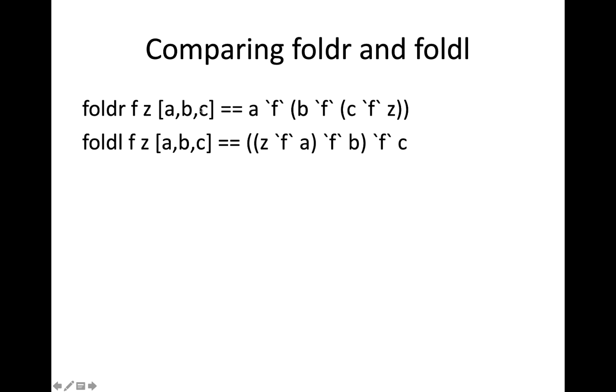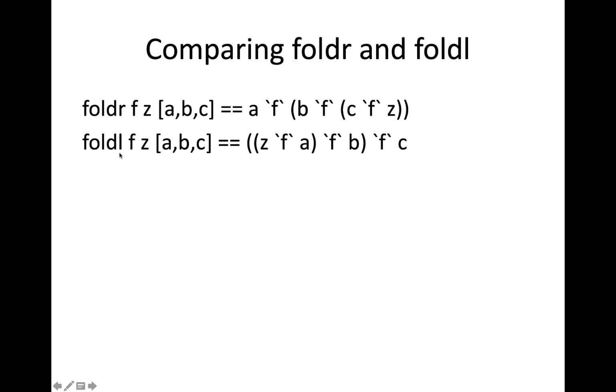So f is applied on c and z, and whatever the aggregation result is, another f works on that and the next item b, and we get another partial aggregation result, and then another f works on that and the next item a, and so on, and ultimately we get the aggregation result, right?